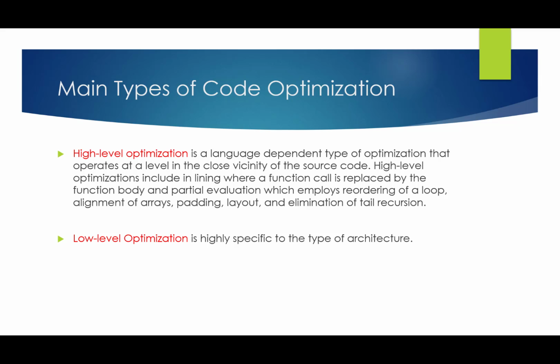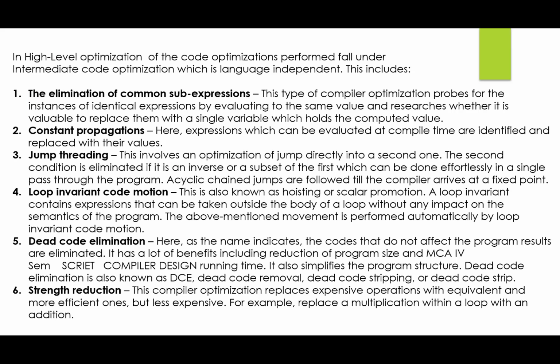Low-level optimization is highly specific to the type of architecture. Optimizations performed under intermediate code optimization are language independent. This includes, number 1, the elimination of common subexpressions.